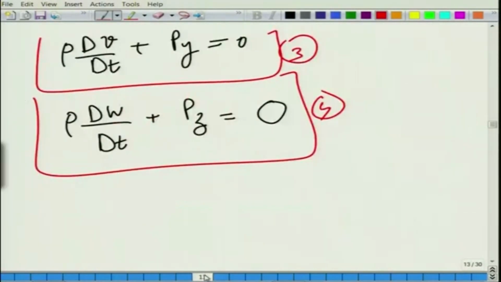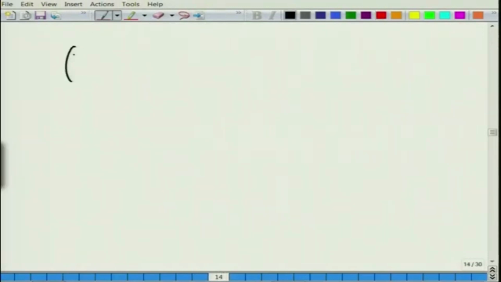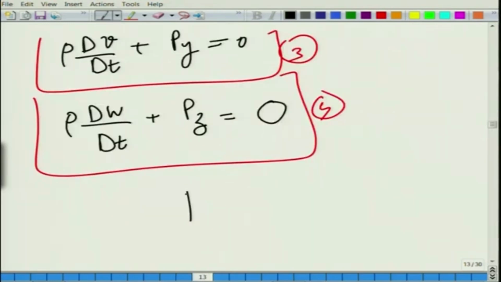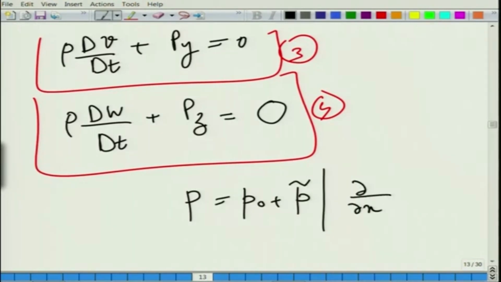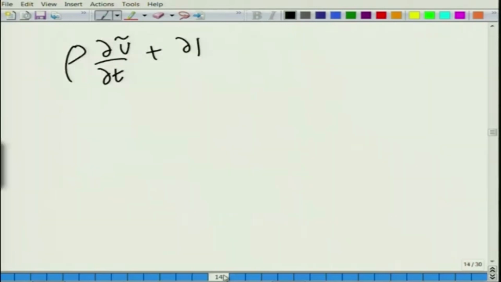What essentially we are left with, let me use another slide, is rho times del del t of u tilde, and P of course is also the ambient pressure, and we assume that this particular term is 0, that is there is no gradient of the ambient pressure, it is constant, and rho is of course rho naught plus rho tilde.